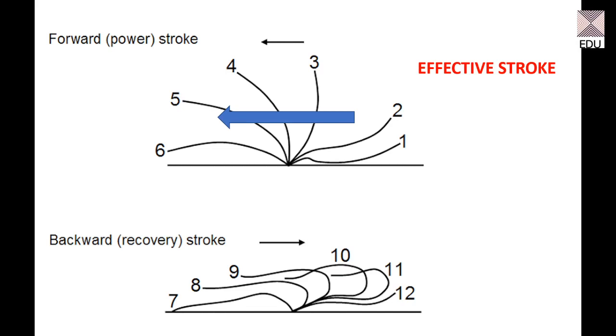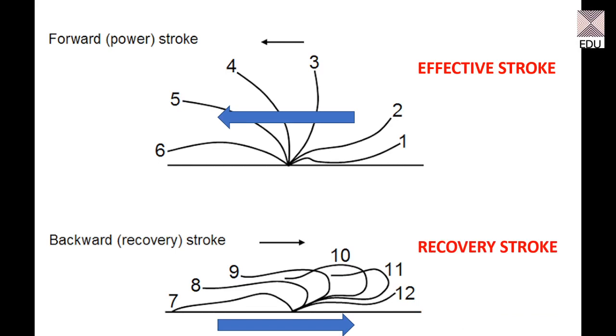But when it comes back, in the lower diagram, it starts from position number 7, then comes to 8, 9, 10, 11, and 12. So it is coming back from left to right. This coming back stroke of the cilium is called the recovery stroke.